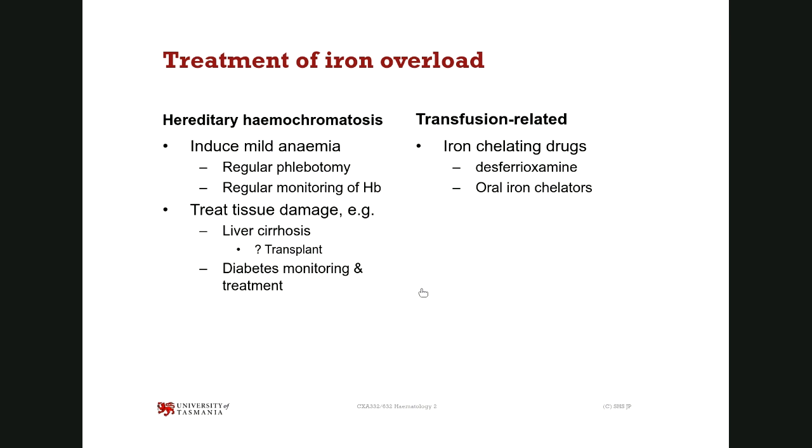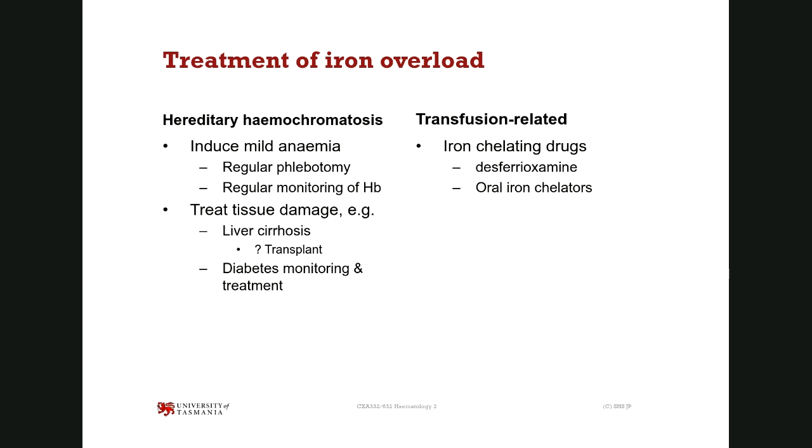We've already talked about desferrioxamine, which is administered subcutaneously, and now there are a lot more oral iron chelators coming on the market, which are easier to take than having a subcutaneous injection. These have their side effects, but these are the only ways that we can keep iron levels within the body from getting too high.